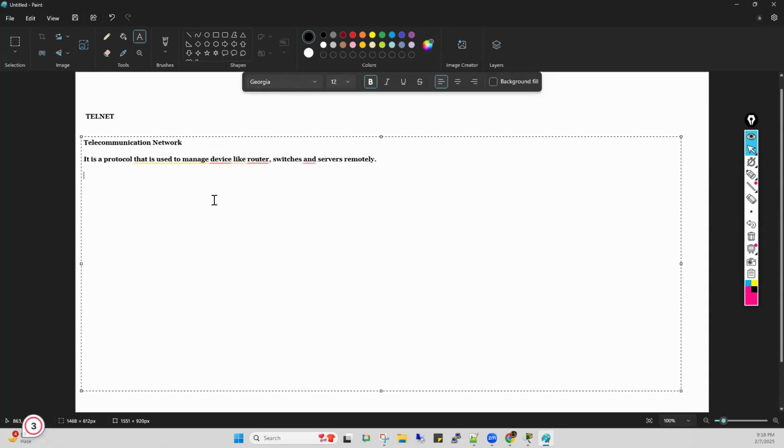So basically, with the help of Telnet, you can take access of these devices remotely and you can configure them, you can troubleshoot them, everything you can do remotely with the help of Telnet.